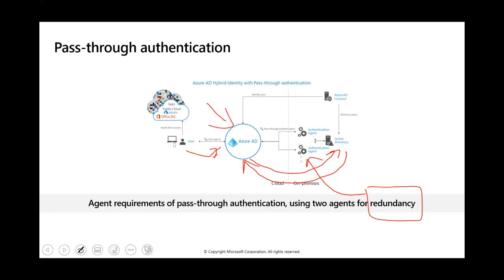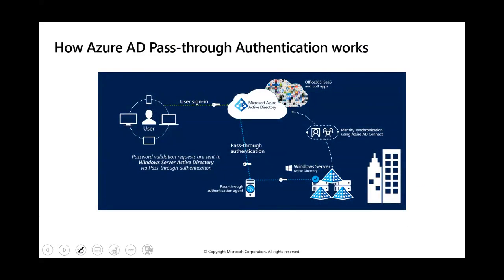That's how pass-through authentication works, and it's a much better way to have more security. It's not more complicated, but the point is that if you don't have two redundant servers and you only have one and it goes down, you would have problems, because at that moment the passwords are not synced from Azure Active Directory, and they cannot send information between the two. That would be a problem.